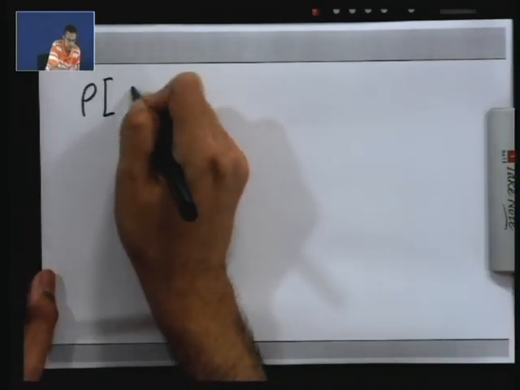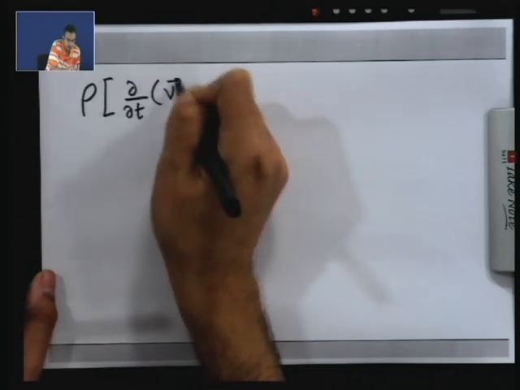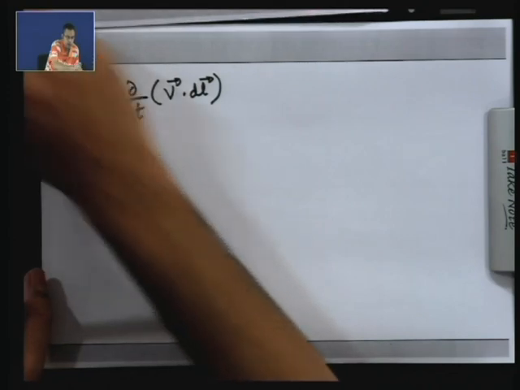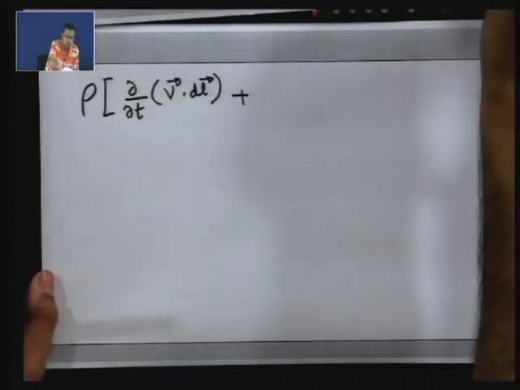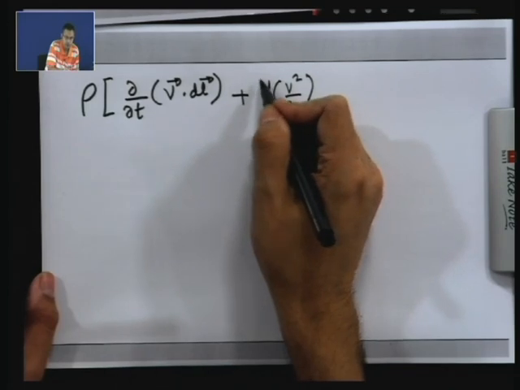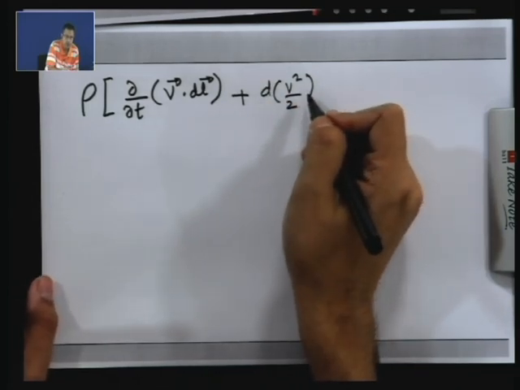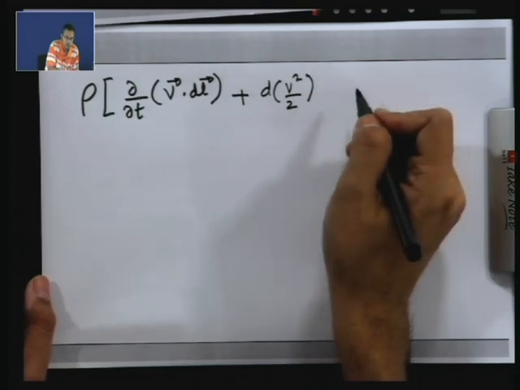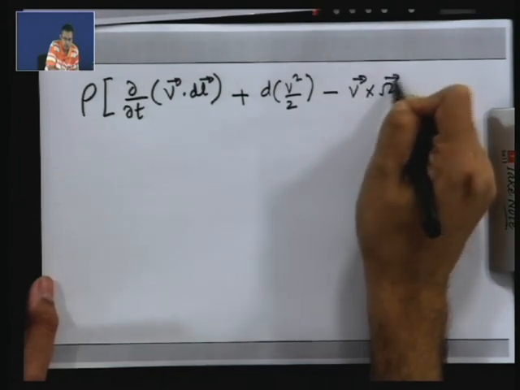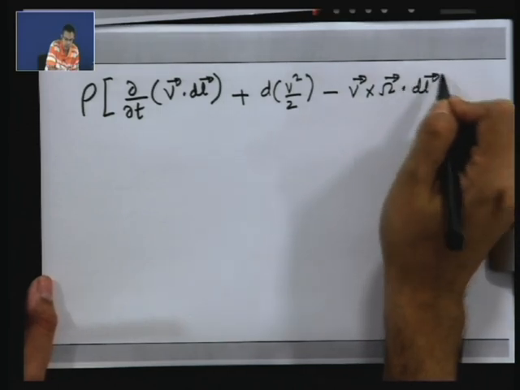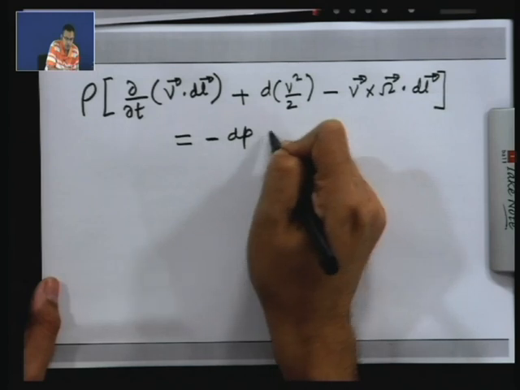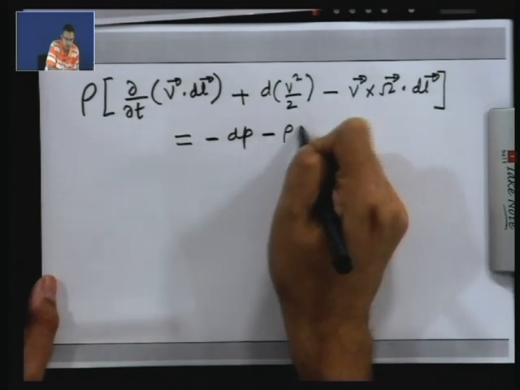So, rho del V del t dot dl plus d of V square by 2, we derived it as half d V square, so we are taking the half inside the d, minus V cross omega dot dl is equal to minus dP minus rho g dz.